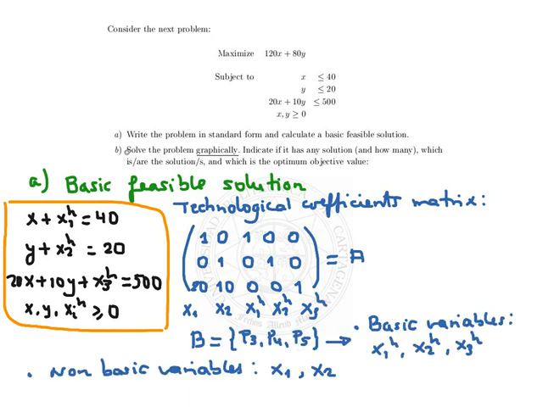x3h. As the canonical basis is formed by the columns P3, P4, and P5, then the basic variables are x1h, x2h and x3h, and the non-basic variables are x1 and x2.